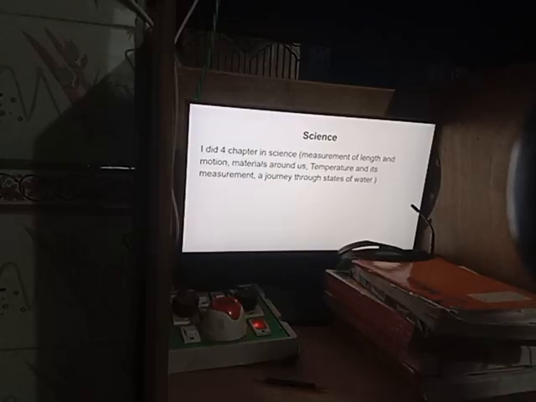So this motion we can call circular motion. Oscillatory motion is to and fro, like a swing, jhula. A swing is moving to and fro. That motion we can call oscillatory motion.